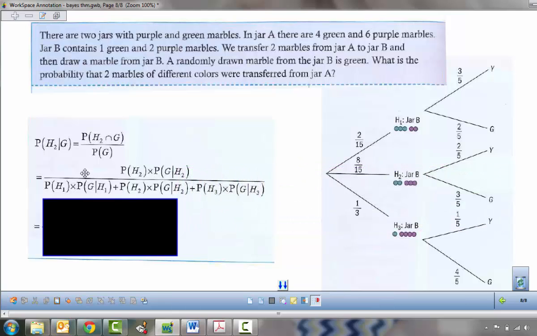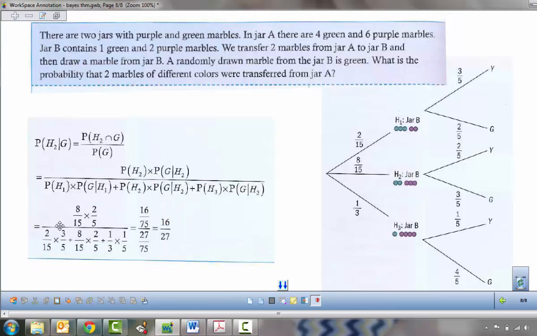This is a big, meaty problem. We have 3 different hypotheses. We don't know which one happened. And now we take the values from our tree diagram and we plug them into Bayes' theorem and we run our calculations. So for this problem, we did have to do a lot of building work in the first video.